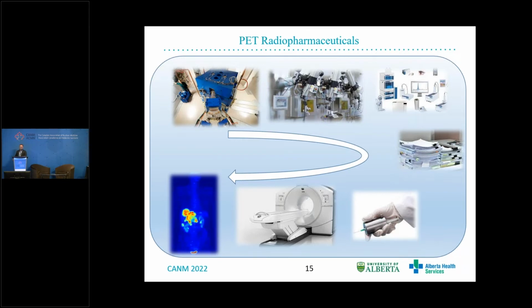We need a quality control lab with different equipment, such as chromatographic systems and things like that. We need QA and a lot of documentation if this is a clinical radiopharmaceutical. And then, of course, we need the nuke med department to actually administer the radiopharmaceutical and do the imaging.